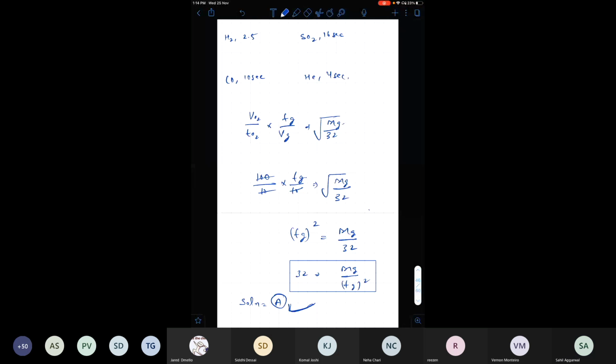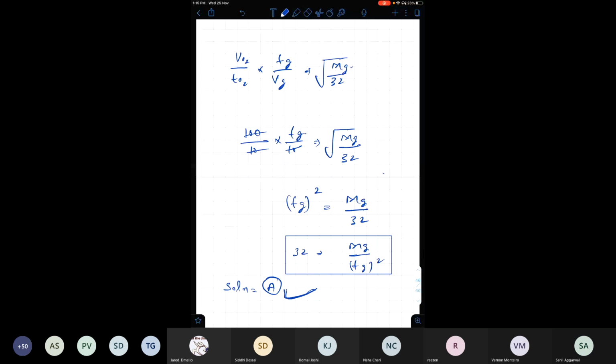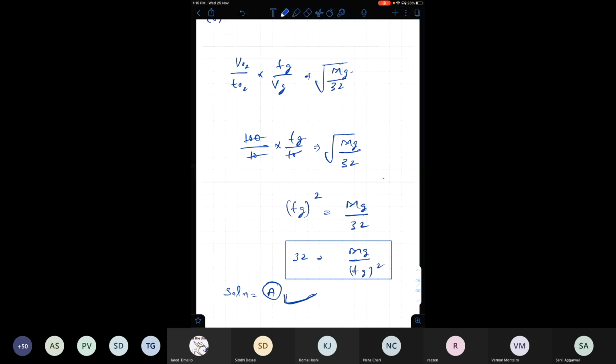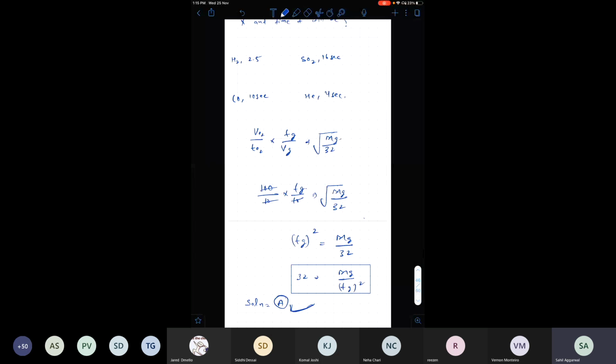Okay. If you solve it, you will get A as the answer. Understood?